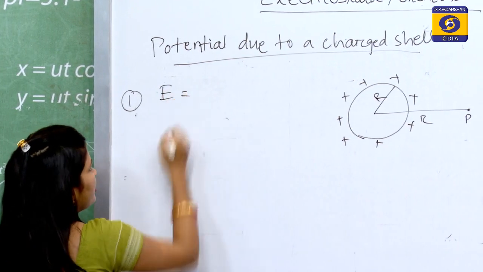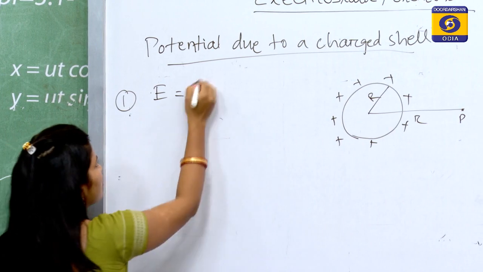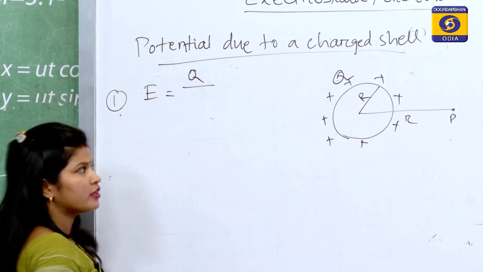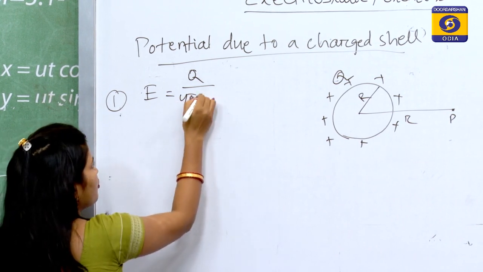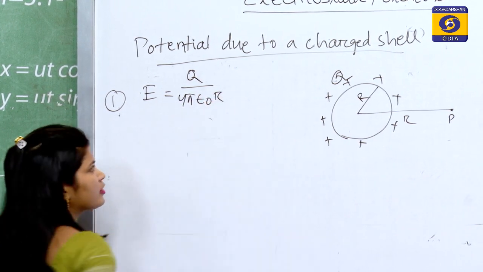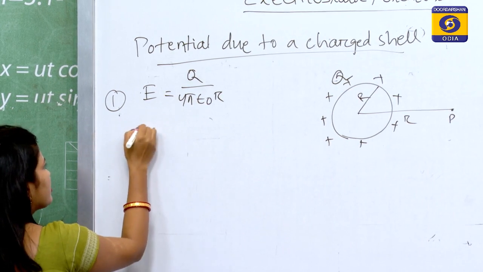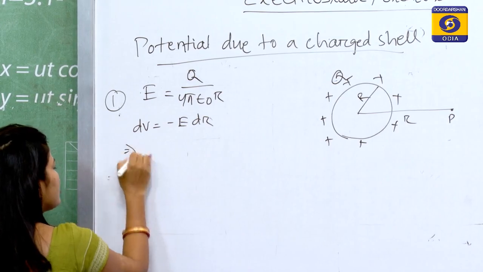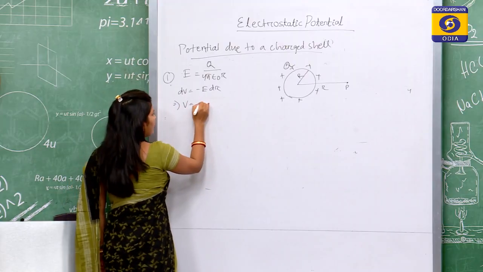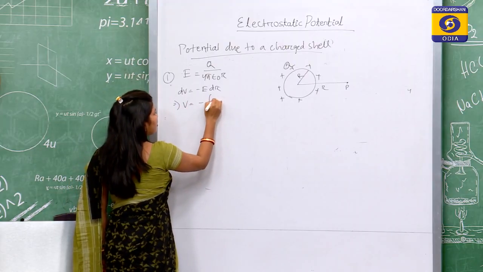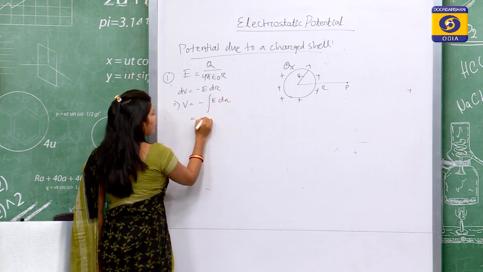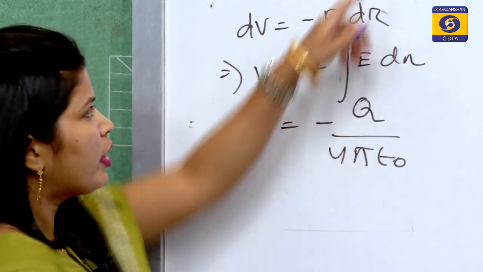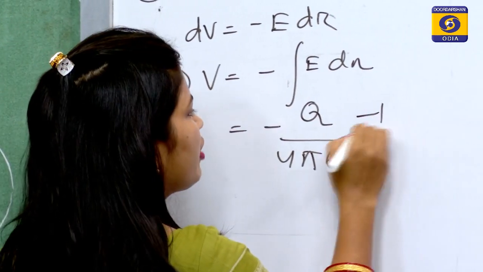We know electric field E is equal to Q upon 4 pi epsilon naught r square, as the charge Q is distributed. So, from the relation dV is equal to minus E dr, V is equal to minus integration of E dr. So, minus Q upon 4 pi epsilon naught, integration of 1 by r square, that is minus 1 by r.